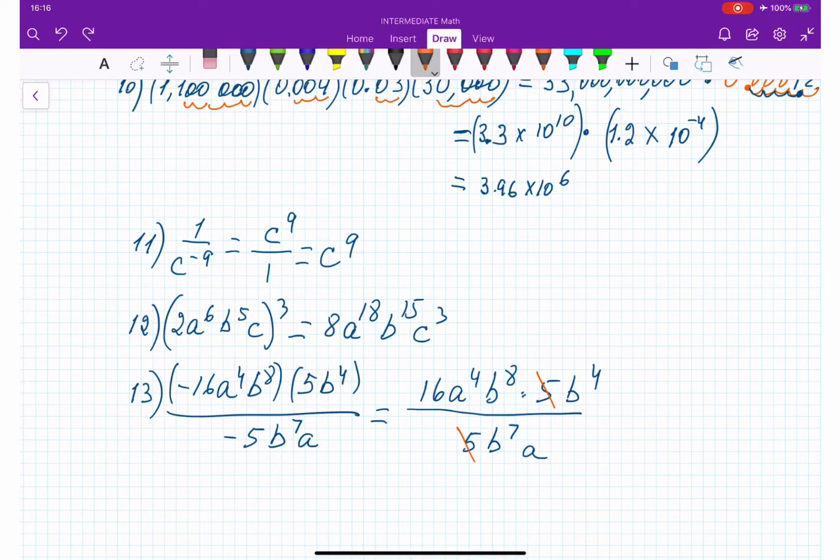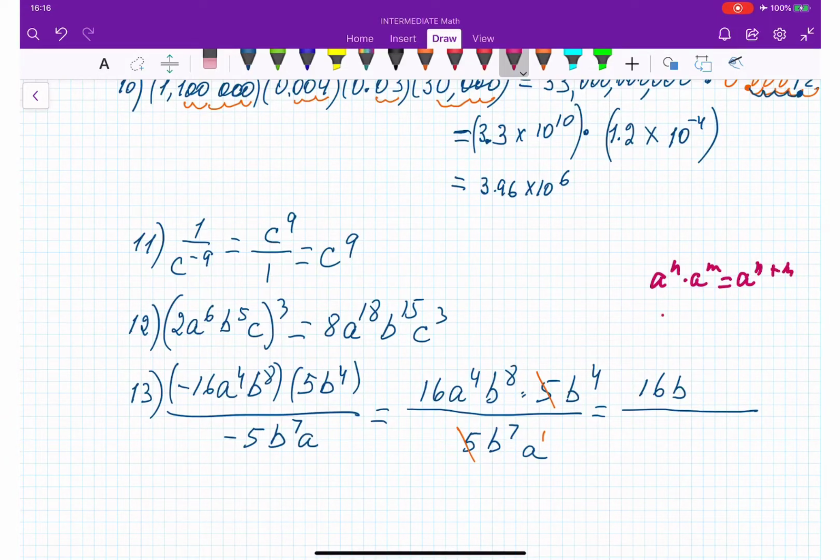So it's going to be, let me write down, this 16 is going to stay. Okay, so b to 8 divided by b to 7, it's going to be b to 1, right? 1 I don't put. And a to 4 divided by a, which means a to 1. So 4 minus 1, because when we divide, we subtract, right? Let me refresh real quick. If I have a to n times a to m, we have a to power n plus m.